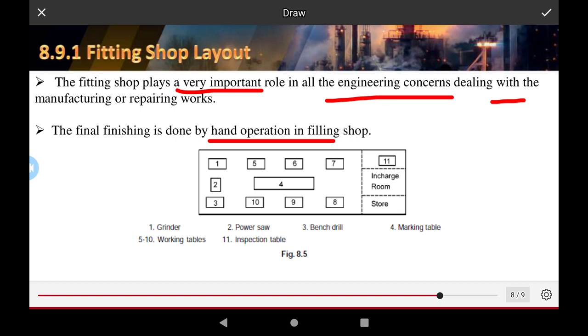The first is the grinding machine in this plant, and the second is the power saw required in this operation.